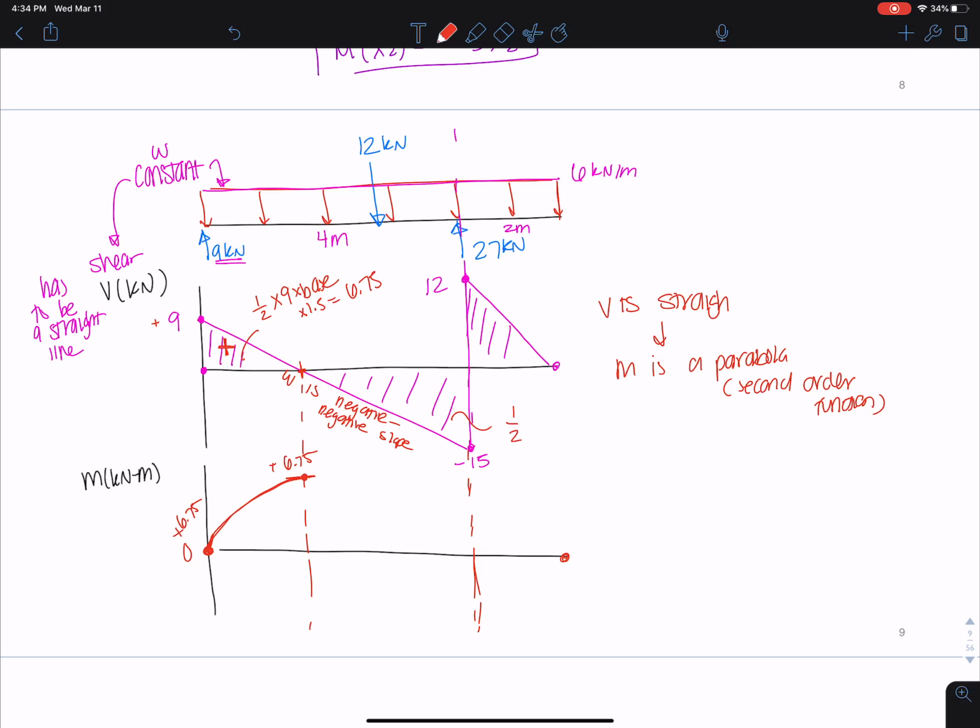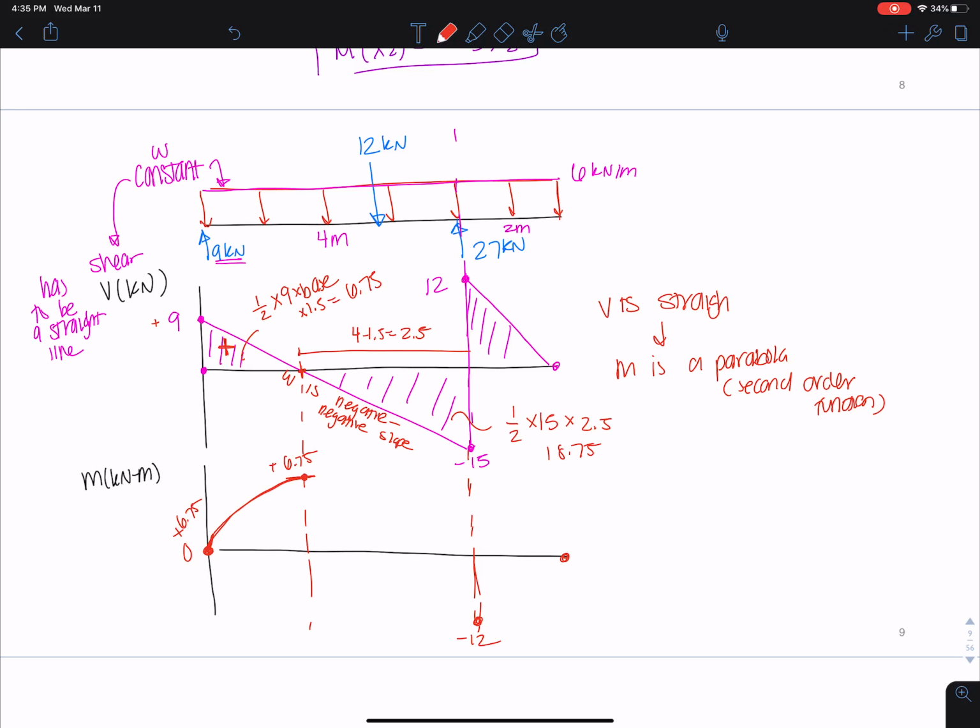So the area here is 1/2 times 15 times the length from here to here is going to be 4 minus 1.5, which is 2.5. So 0.5 times 15 times 2.5, and I get 18.75. So I need to go 6.75 minus 18.75, and I get negative 12. That's how I get this point.